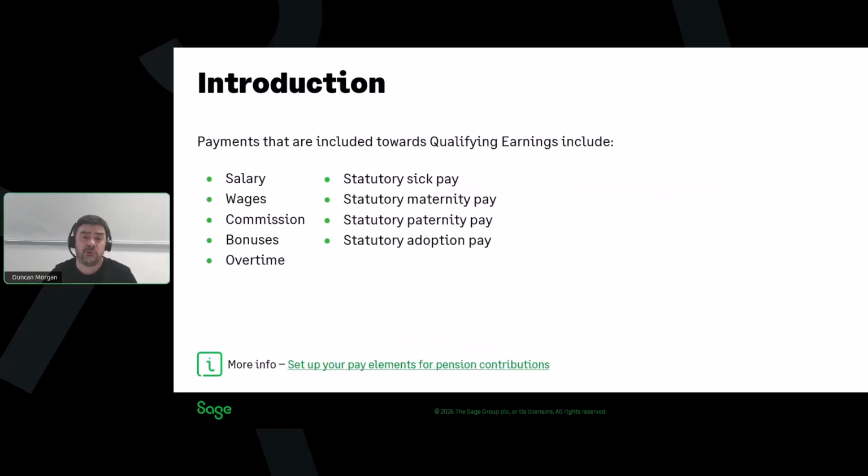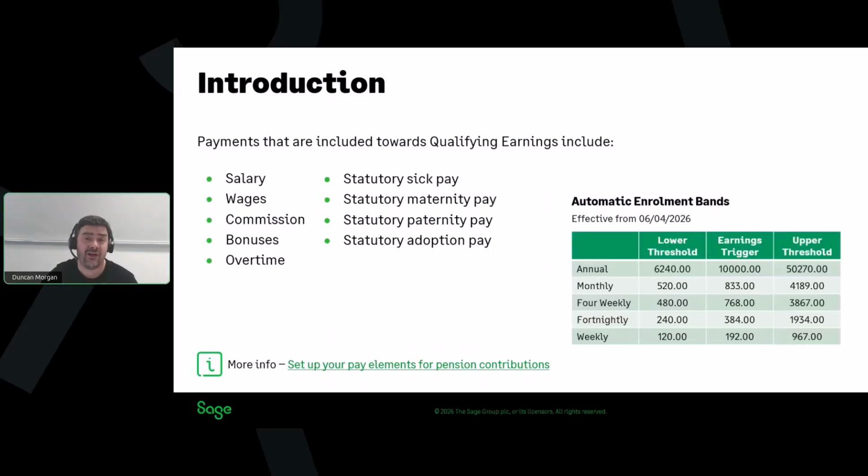The other thing just to remind you of is the definition of qualifying earnings. Qualifying earnings would include all payments that count towards salary, wages, commission, bonuses and overtime, as well as statutory sick pay and statutory parental payments. But for schemes that use qualifying earnings for pensionable pay, the pensionable pay is restricted to earnings between lower and upper thresholds, which would depend on an employee's payment frequency.